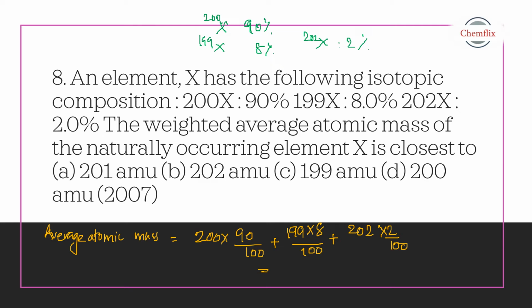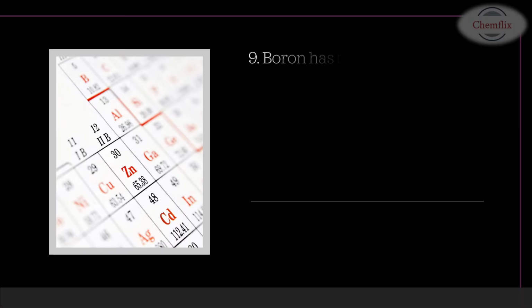Ultimately, you will get 199.96 AMU, that is equal to 200 AMU. Option D will be the answer. Moving to the next question.